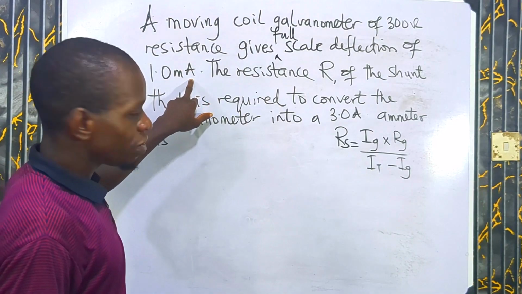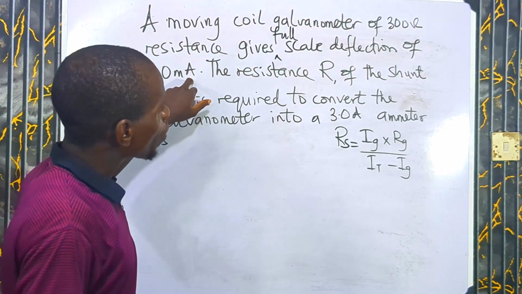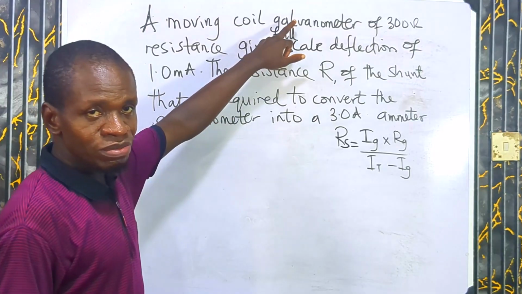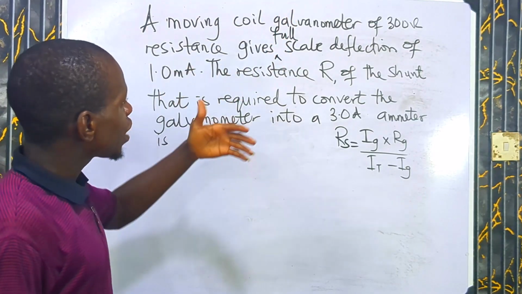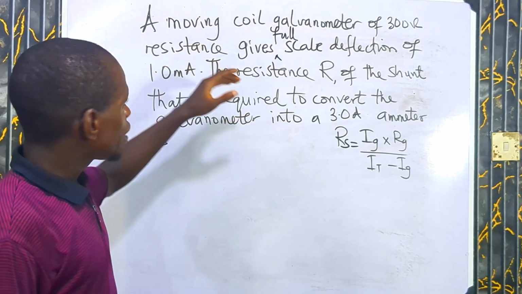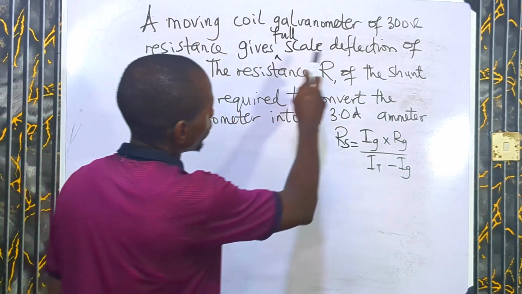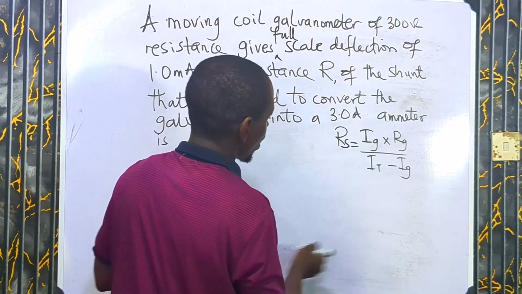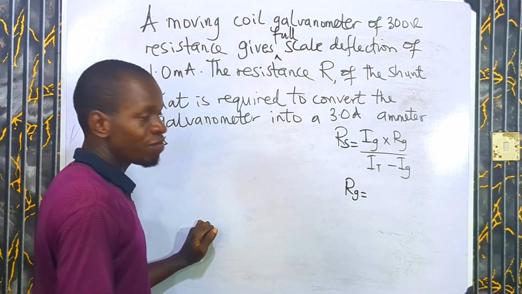Now, who owns this 1.0 milliampere? It is the current of the galvanometer. It's always the current of the galvanometer. So how did I know? Read along. I just said that a moving coil galvanometer of 300 ohm, and I've already said that this 300 ohm is the resistance of the galvanometer.